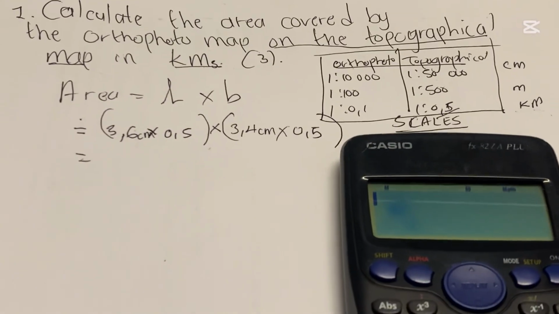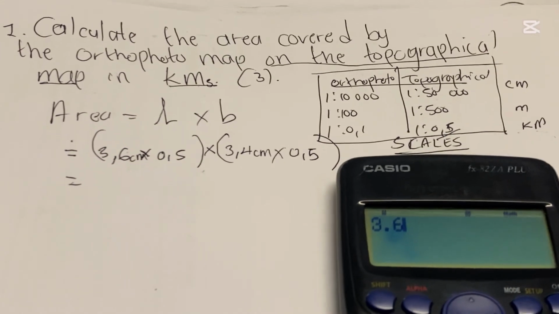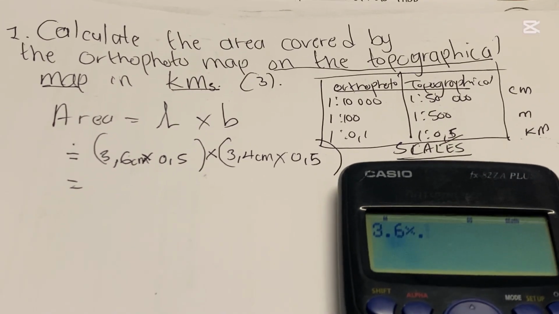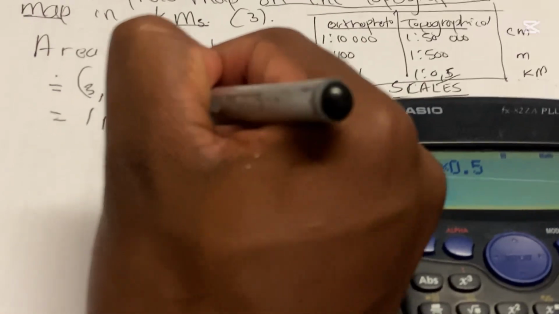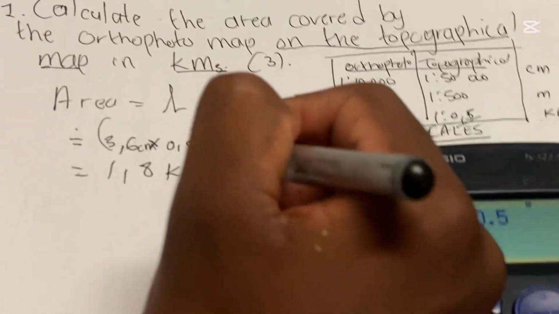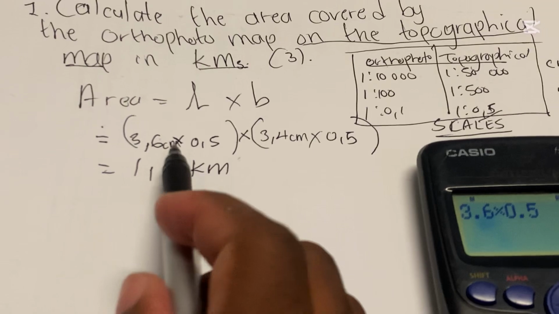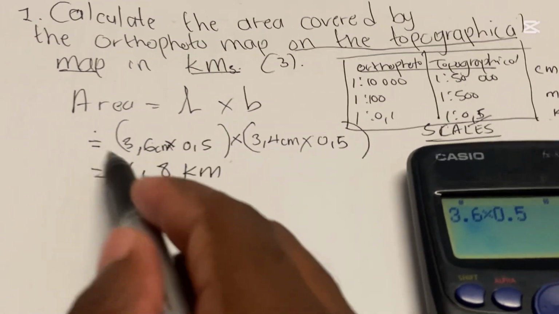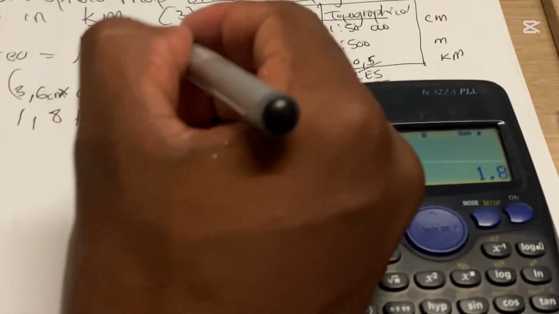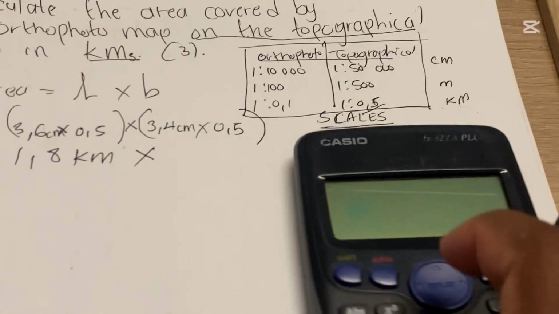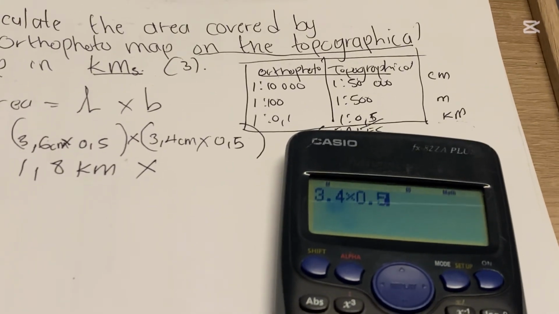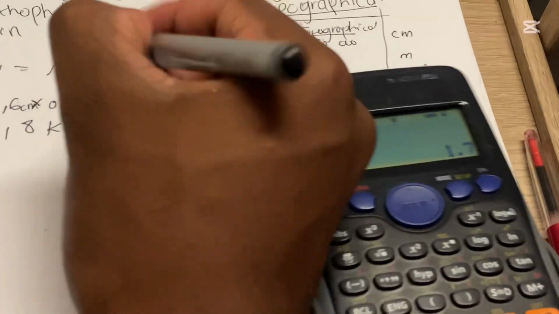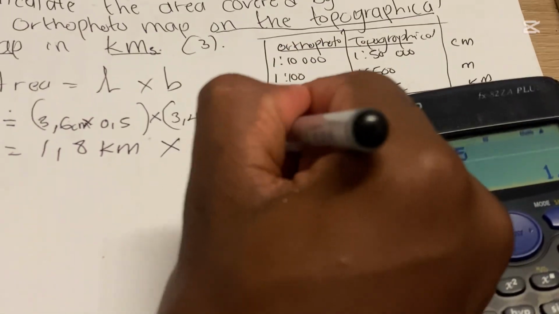Now let's use our calculator. The first one is 3.6 centimeters times 0.5. The answer is 1,8 kilometers. I'm sure you've noticed that in this step I just put centimeters. I only put the kilometers after I've multiplied. So it's 1,8 kilometers times 3,4 centimeters times 0.5, which gives us 1,7 kilometers.